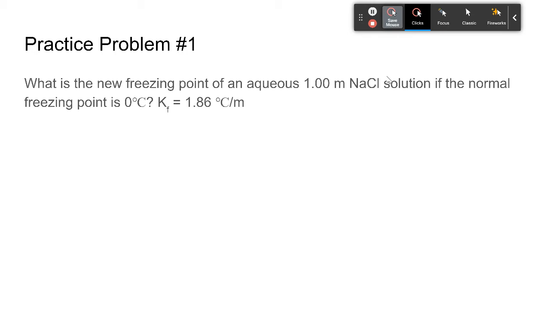And I've given you your Kf, which is 1.86, and the units are degrees Celsius over molality. So I'll give you a couple minutes to try solving this one. Put your answer on your Edpuzzle, and then we'll work through it together.